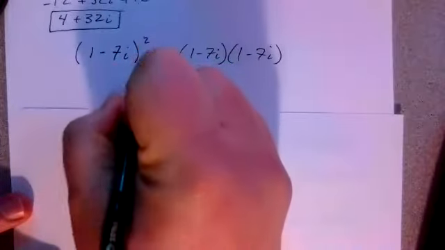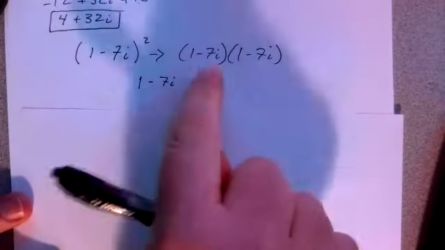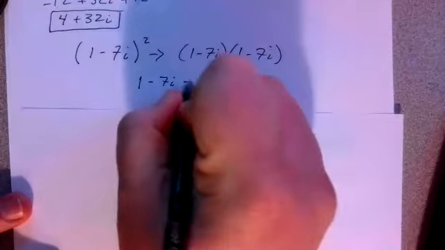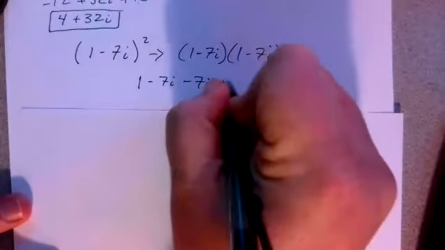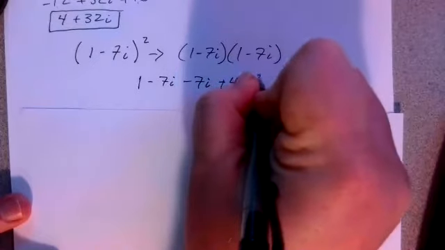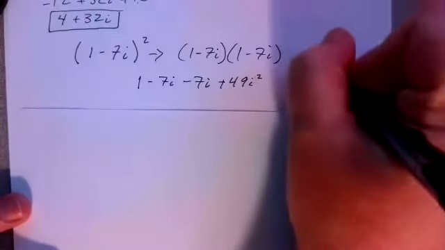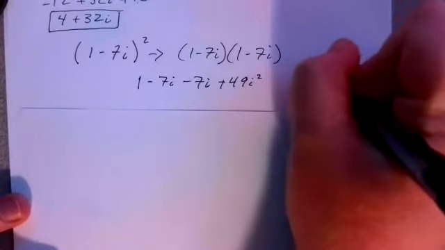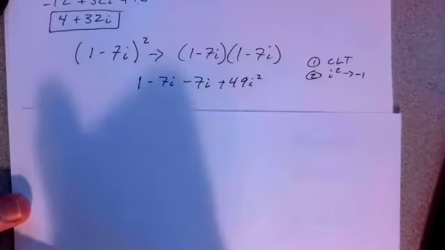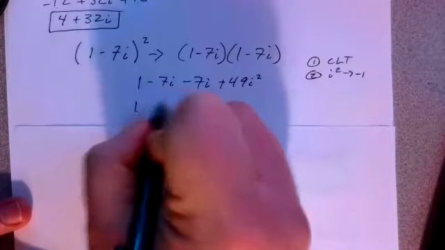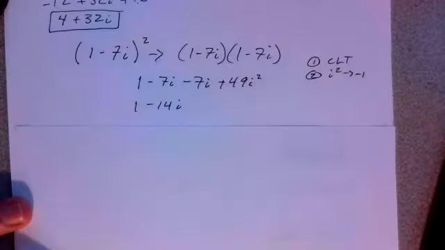1 times 1 is 1. 1 times a negative 7i is minus 7i. Negative 7i times 1 is a negative 7i. Negative 7i times a negative 7i is a positive 49i squared. Now remember our two steps here. At this point, we want to combine like terms and switch i squared to negative 1. So combining my like terms, negative 7i and negative 7i is a negative 14i.